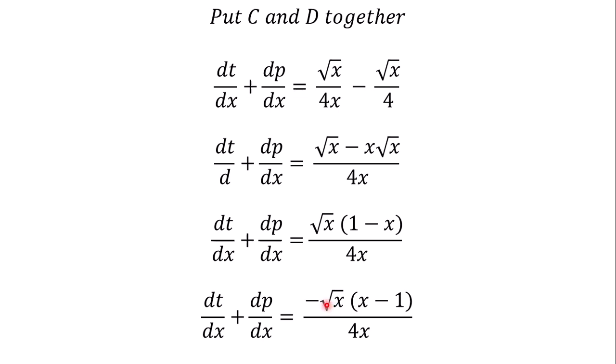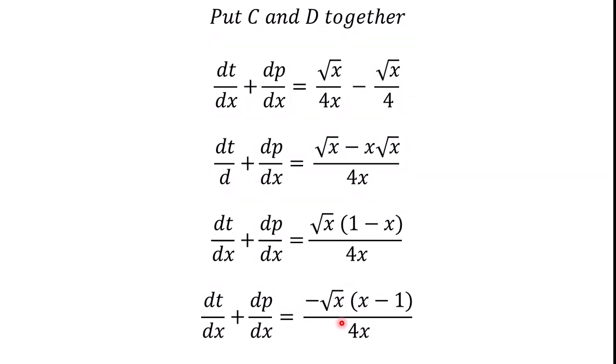Now let's open it and see if we get something like this one. Minus square root of x times this one will give us the same thing as this. Minus square root of x times minus 1 will give us the same thing as this one. Yeah, it's the same thing, but we just rewrite it to help us solve our problem.